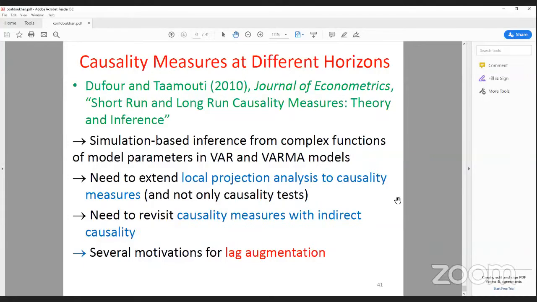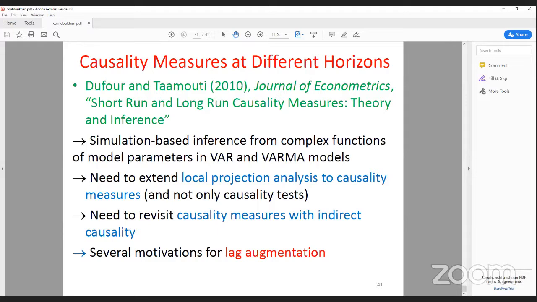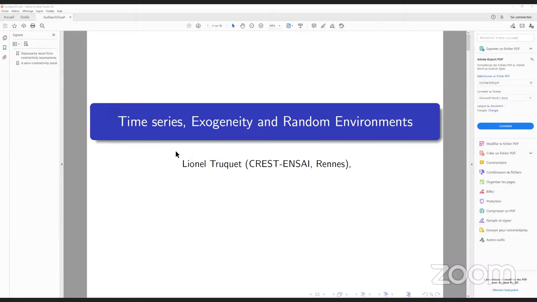So I suggest that you quit the screen sharing and that we come to the next talk. I see already the next speaker. Okay, let me try to quit it. I hope I will manage to do that. I think it's okay. Yes. So thank you very much, and thank you for coming. And now thank you to Lionel to give a talk, and it's really a pleasure to welcome him.